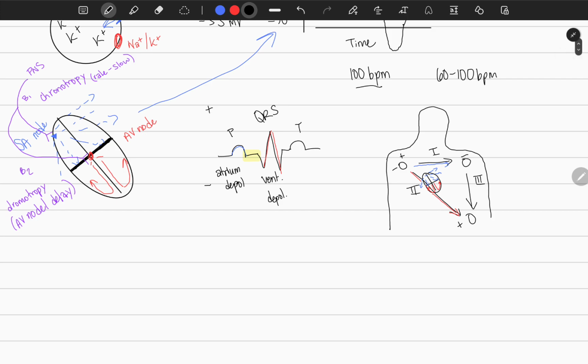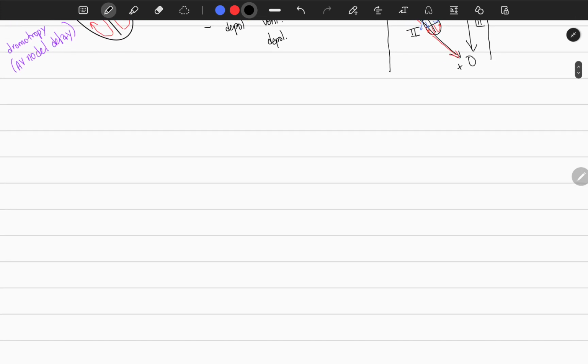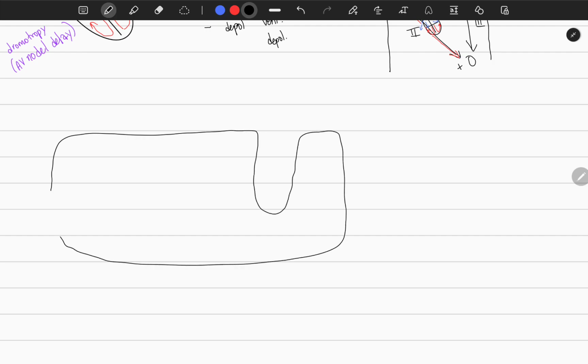We can now talk about inotropy, which is the process of contraction. This is our lovely goldfish diagram. This is a sagittal view, but I just wanted to emphasize that the first step is the T-tubule having a depolarization signal going down deep into the cardiac tissue.